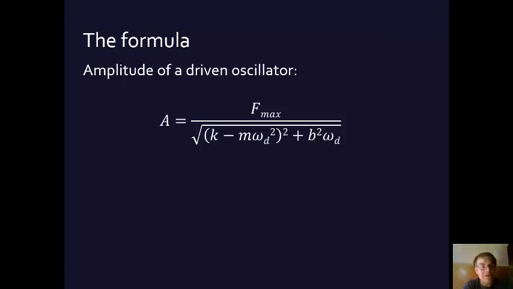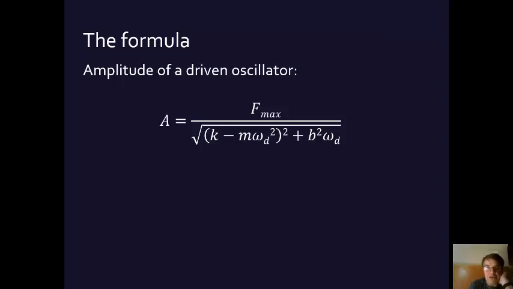So you might see something about cosine of omega t plus phi, where we're formulating the force in terms of a cosine function. You don't have to understand that to get through a first or second semester physics course. But here's a formula for the amplitude, where you should recognize most of the terms.